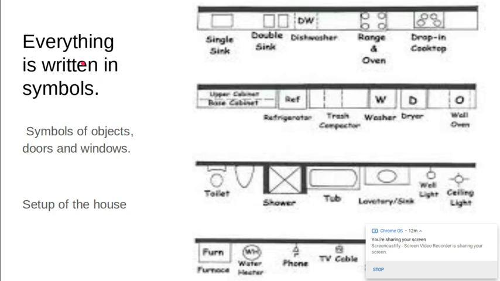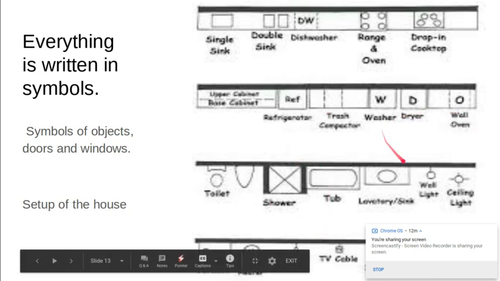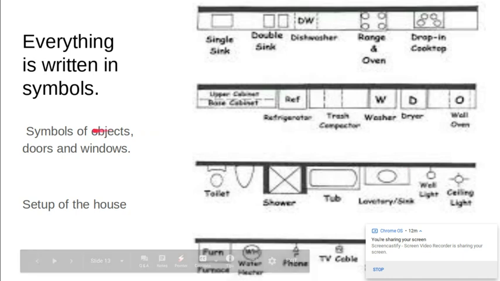So everything is written in symbols, because if I wrote dishwasher, stove on my floor plans, it's going to be really hard to see what the actual setup is because there's going to be all these words, right? I don't really care about words. All I really care about is where things are going. So symbols of objects, doors, and windows.